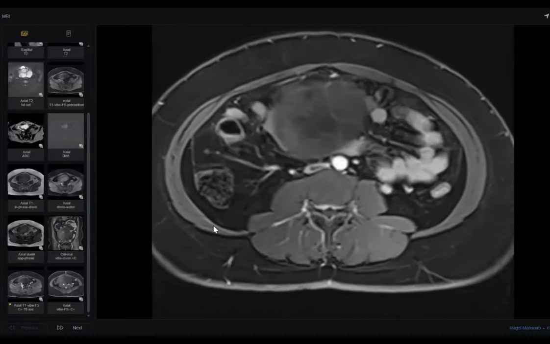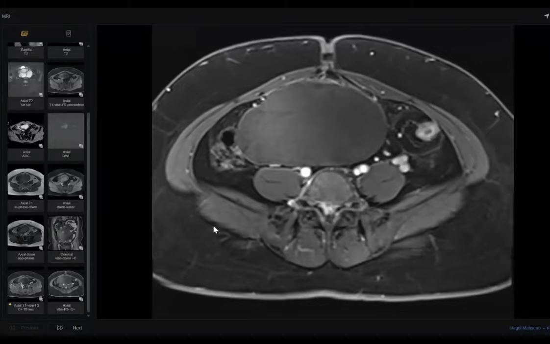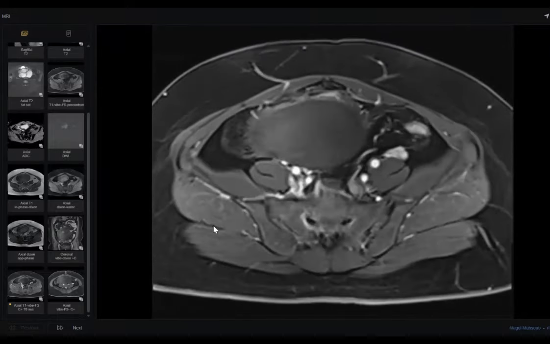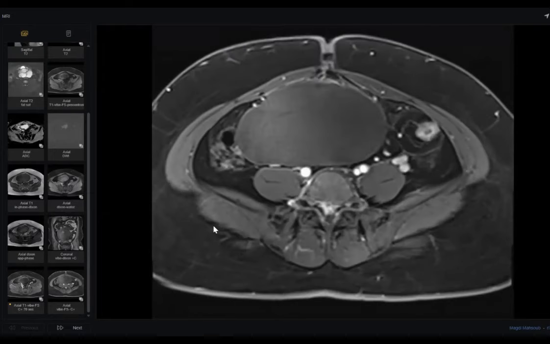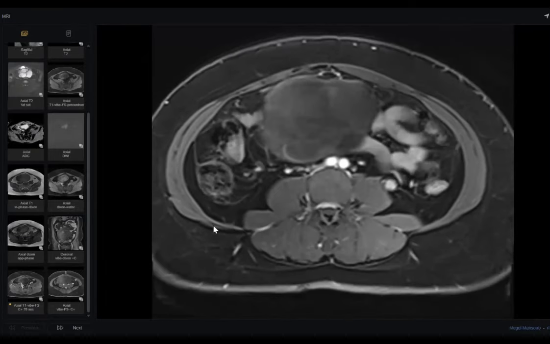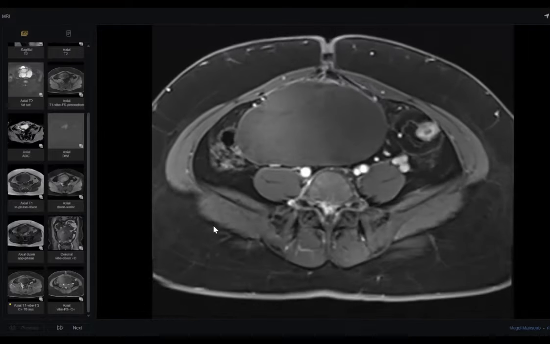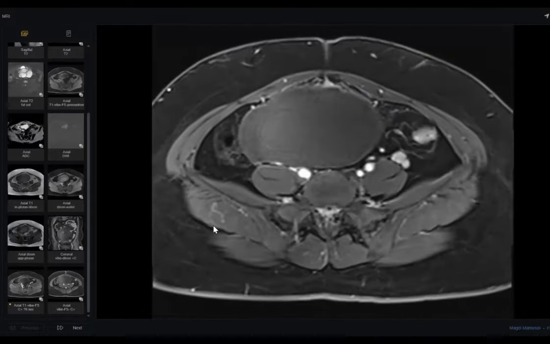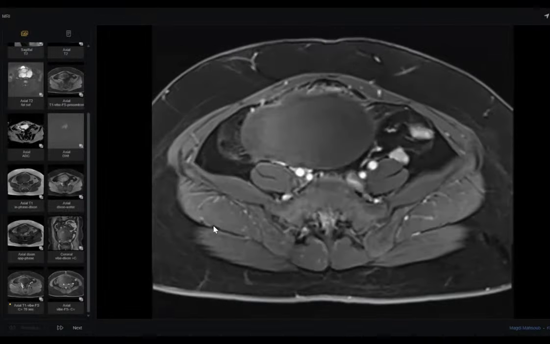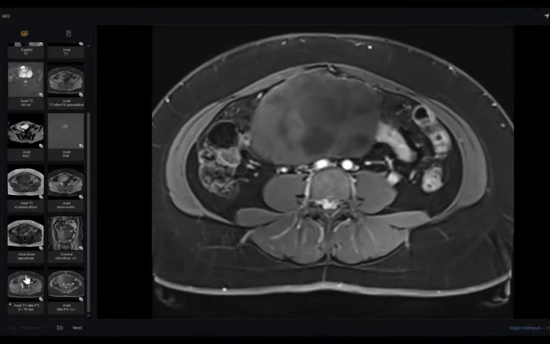Yes, so the lesion has got a solid enhancing component in its cranial part, with the rest of the septations faintly enhancing. I would also like to look for any nodal spread, any peritoneal nodules, any gross ascites, or any peritoneal thickening.